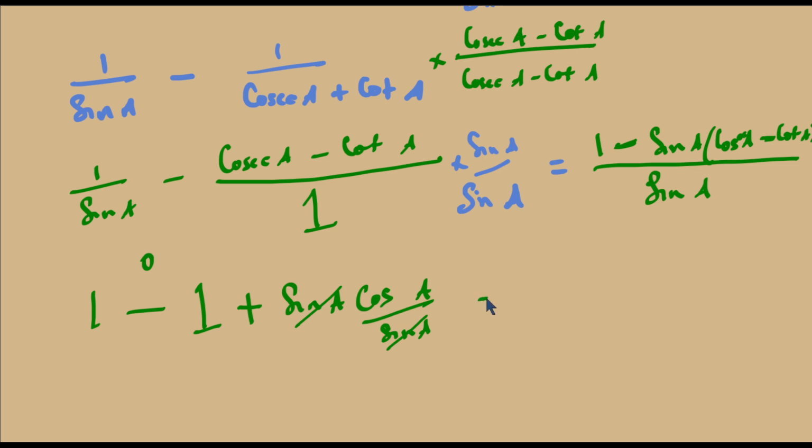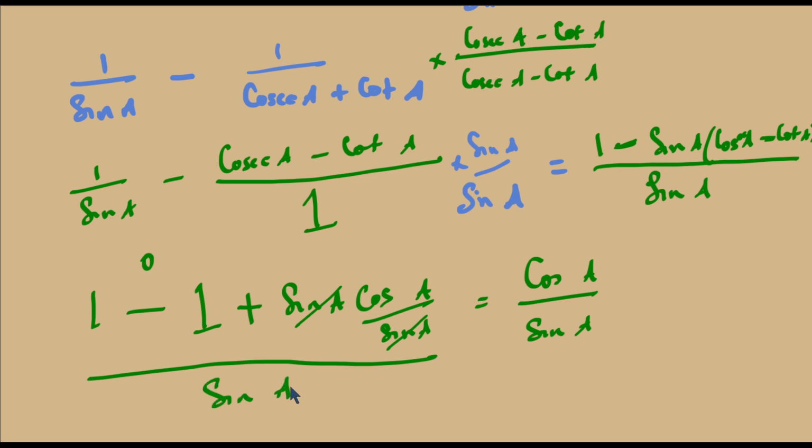So we just get cos A in the numerator, but don't forget the denominator, it's sine A. Right? Yeah, the whole thing is divided by sine A. Let's not forget this. And this is equal to cot A again. Now we have proved that the right hand side is also equal to cot A.